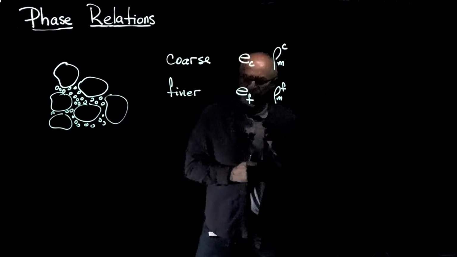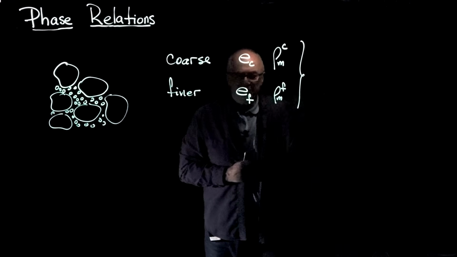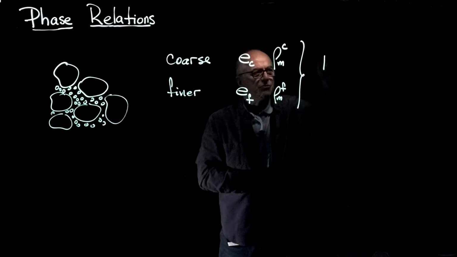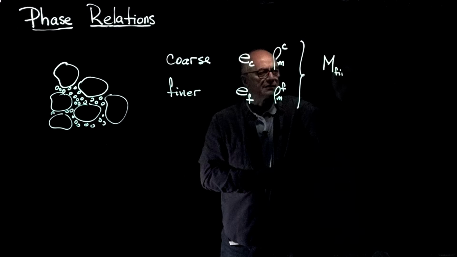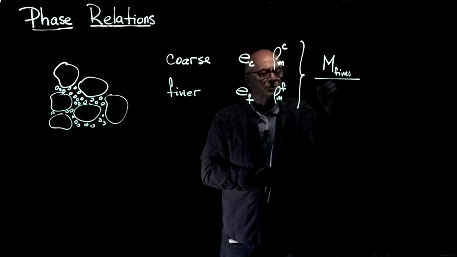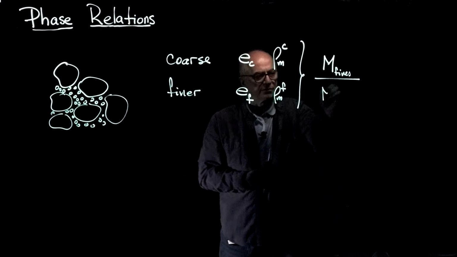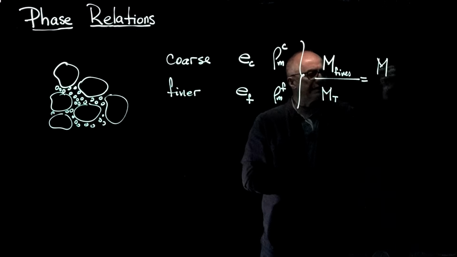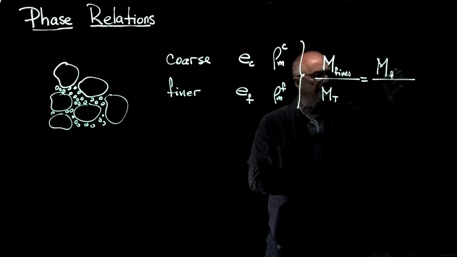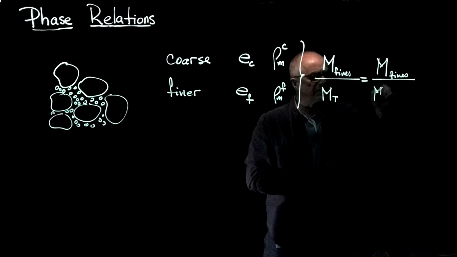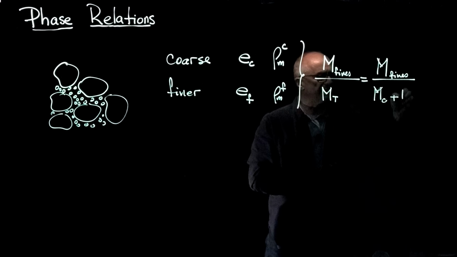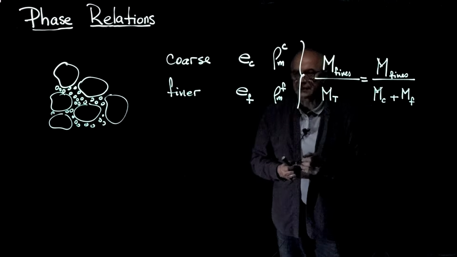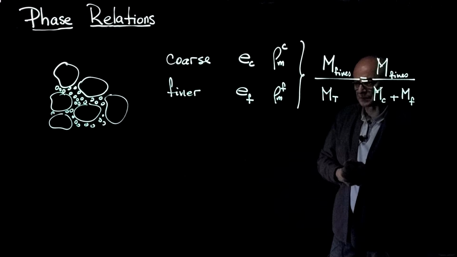So I have a question for you. Can you determine a relationship of their mass fraction? How much mass of fines is there with respect to the total mass of the soil? In other words, I'm asking what is the relative amount of mass of fines with respect to the mass of the coarse plus the mass of the fines, and I'm just using the F to avoid carrying too many subscripts.